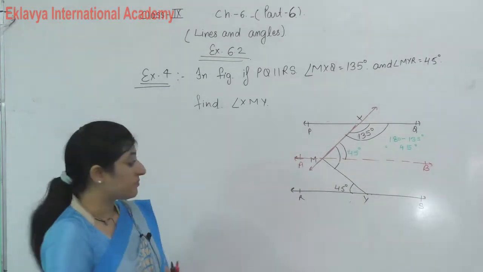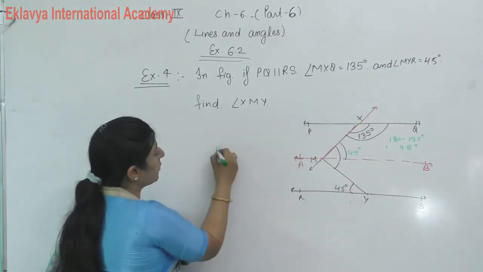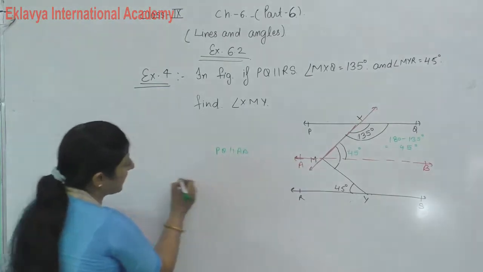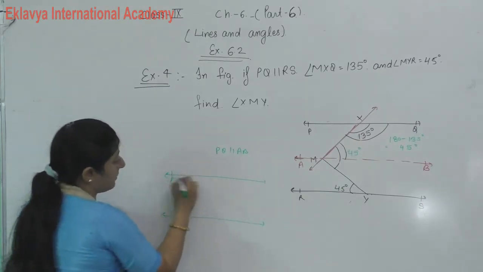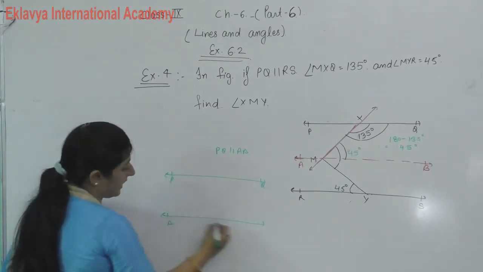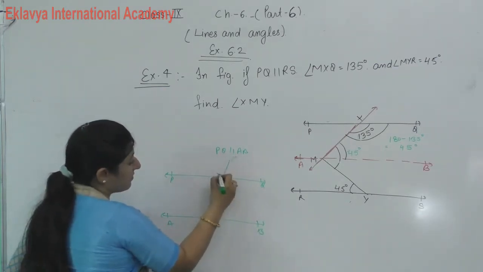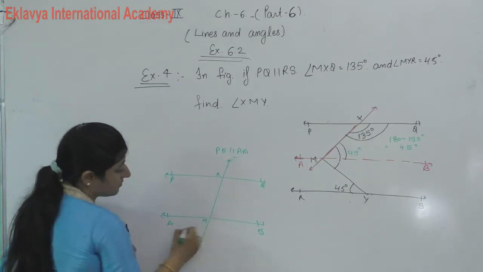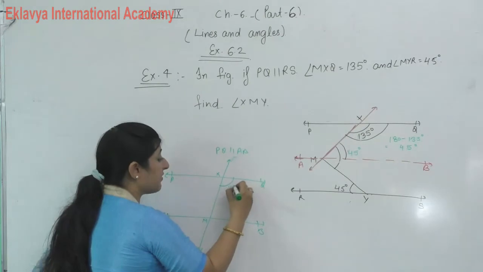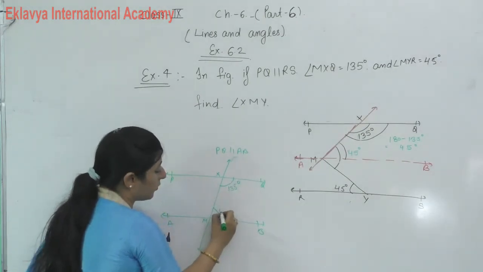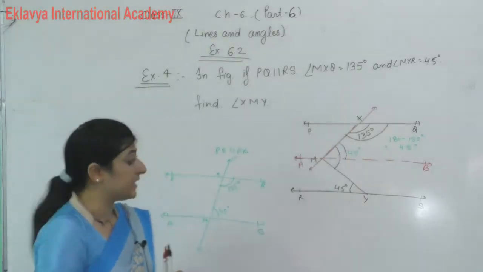Yes or no? If PQ is parallel to AB and this works as a transversal, and this angle is 135, then obviously they are co-interior angles, so this angle becomes 45 degrees.